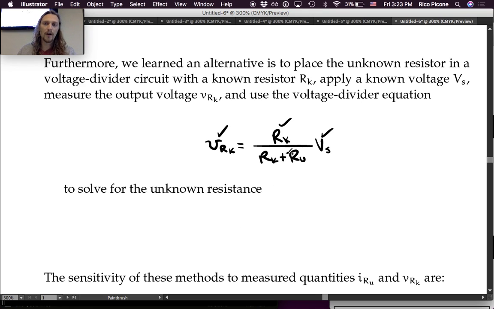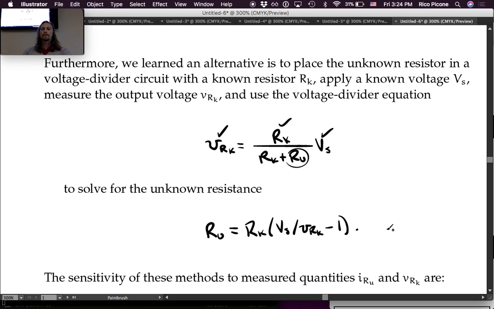So solving for Ru in this gives Ru equals Rk times Vs divided by Vrk, minus 1. Is that all in the denominator, or is that a fraction?